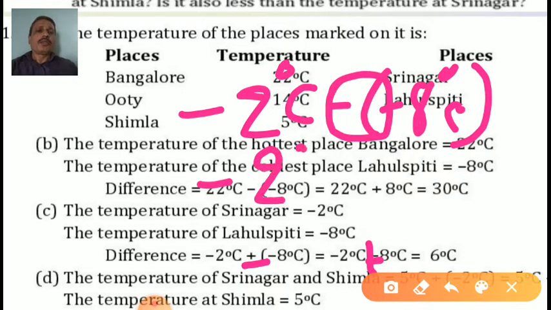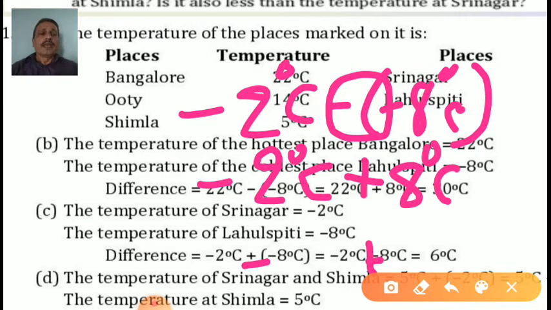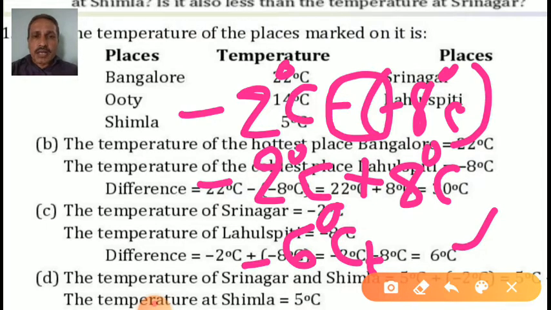So minus 2 degrees centigrade plus 8 degrees centigrade. We know one number is plus and one number is minus, so what do we have to do? Subtraction. 8 minus 2 is 6. And which is the bigger number? 8 is the bigger number. That's why the sign of this number is plus, 6 degrees centigrade. And the difference always comes in this way.